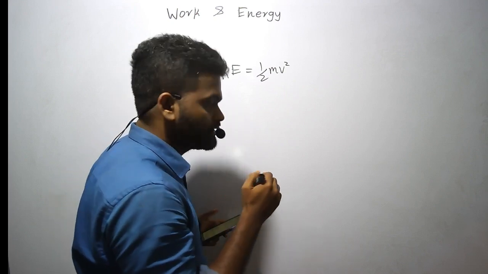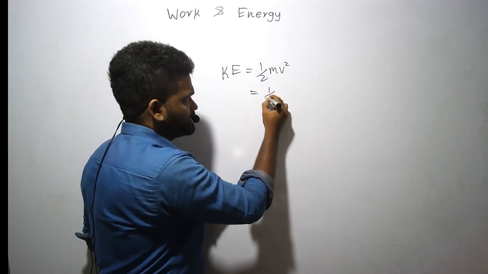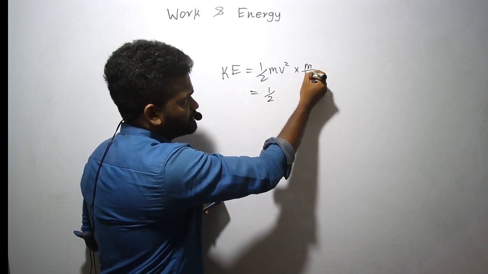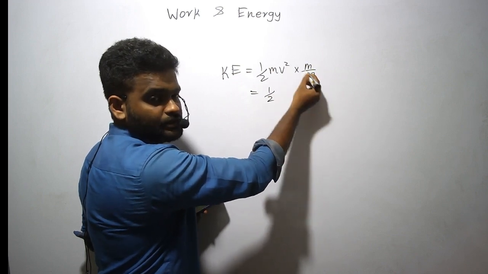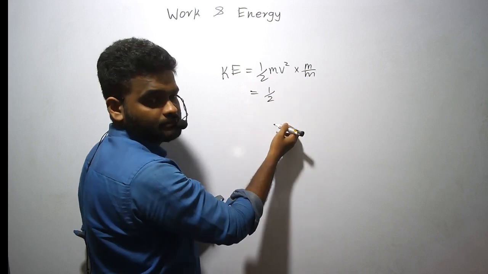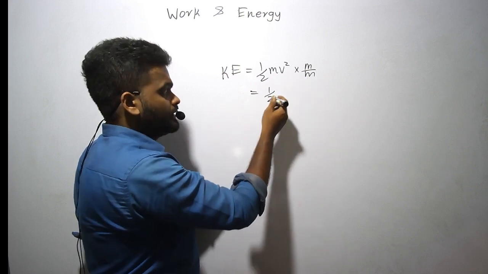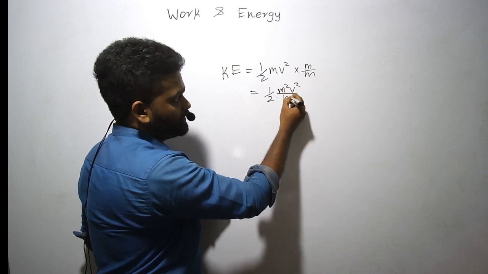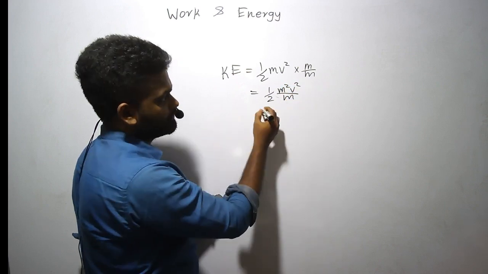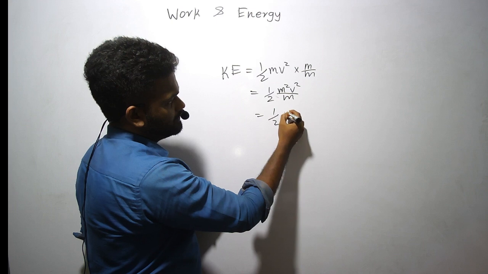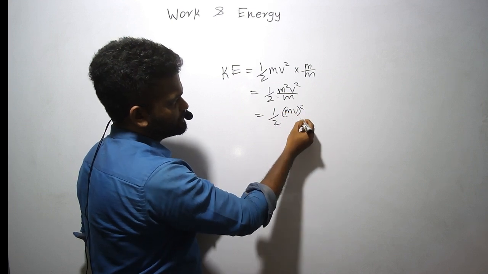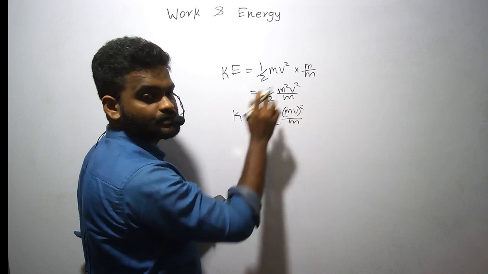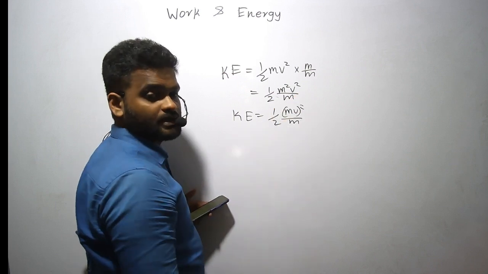In the last class as well, I told you, you just have to multiply both the numerator and denominator by m. So you have m squared v squared divided by m. So what is this? mv squared divided by m.